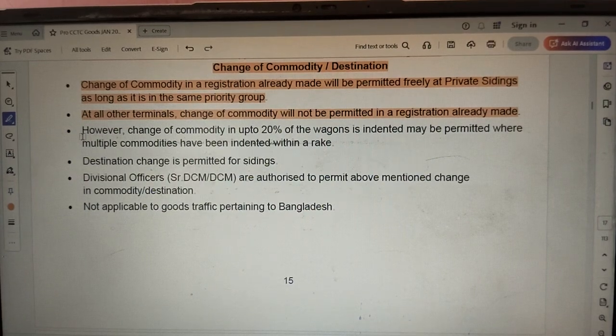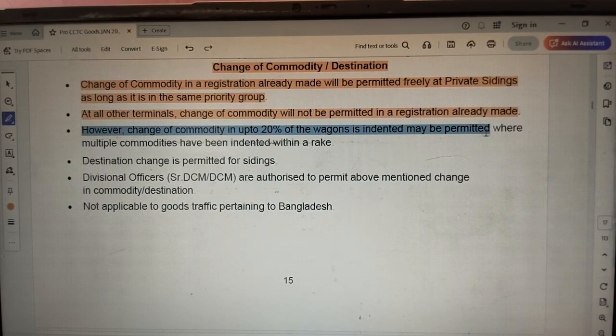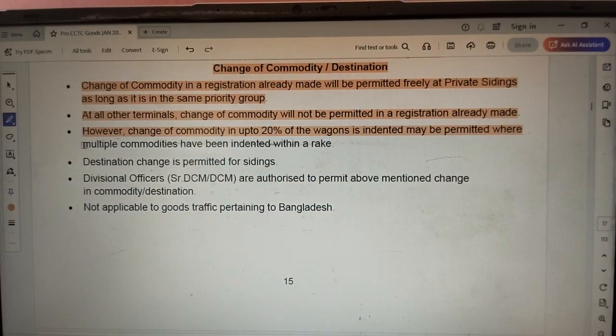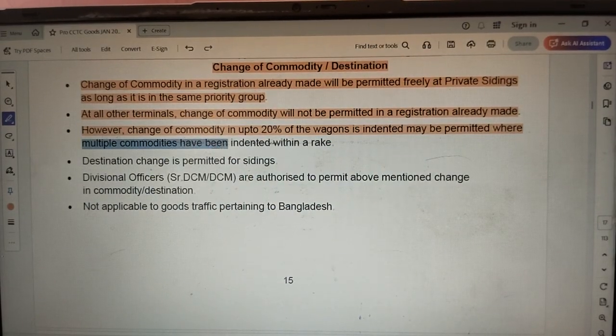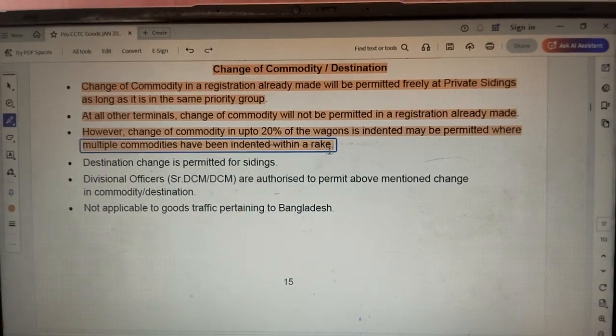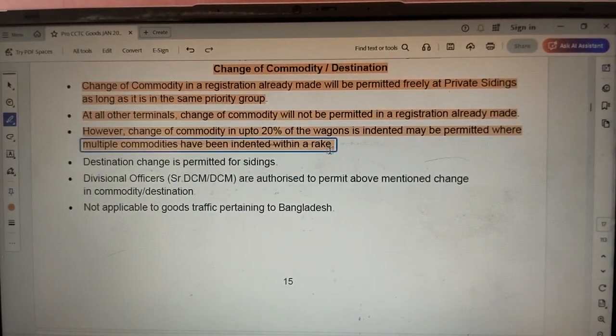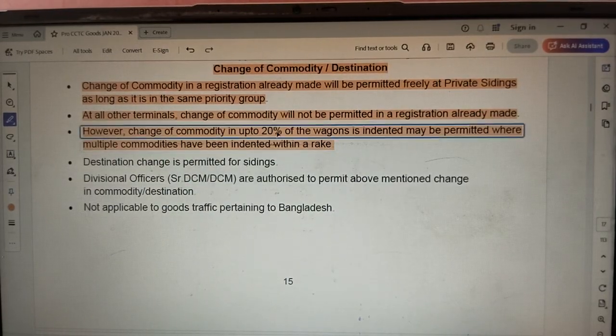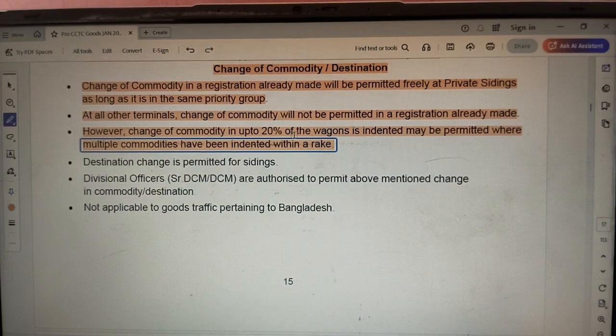However, change of commodity in up to 20% of wagons indented may be permitted where multiple commodities have been indented within a rake. So if one rake has multiple commodities, in that case up to 20% of wagon indent may be permitted.